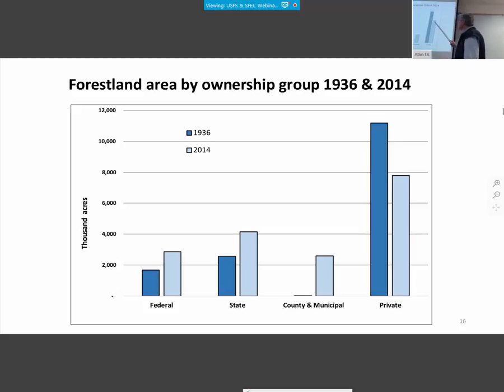And private has come down, and what really happened was much of this was tax forfeit and went to provide county and municipal ownership and state ownership in large part. So we bought a lot of starving farm families off the landscape in the 1930s. That showed up then today as our county forest management system. Not that this group wouldn't know that, but I suspect much of the public would not be aware of that historic change.